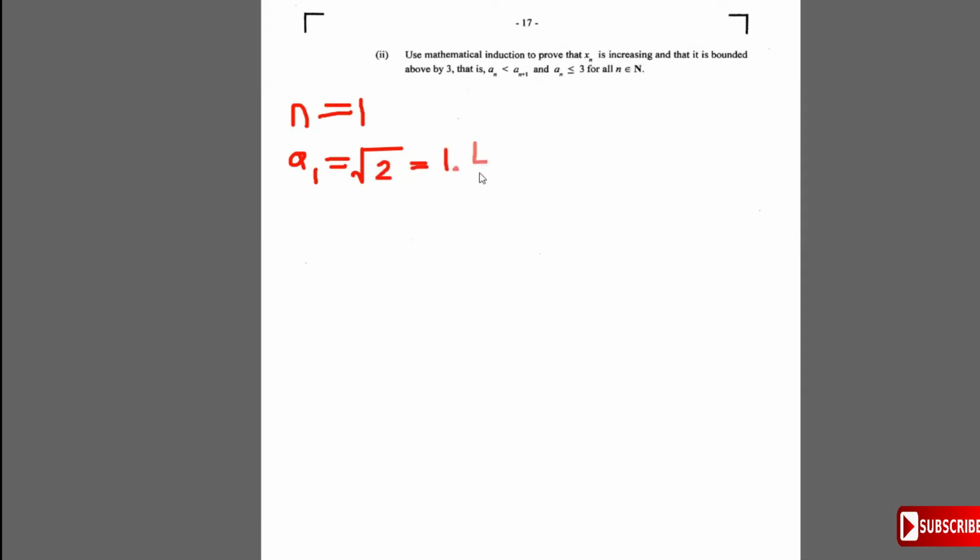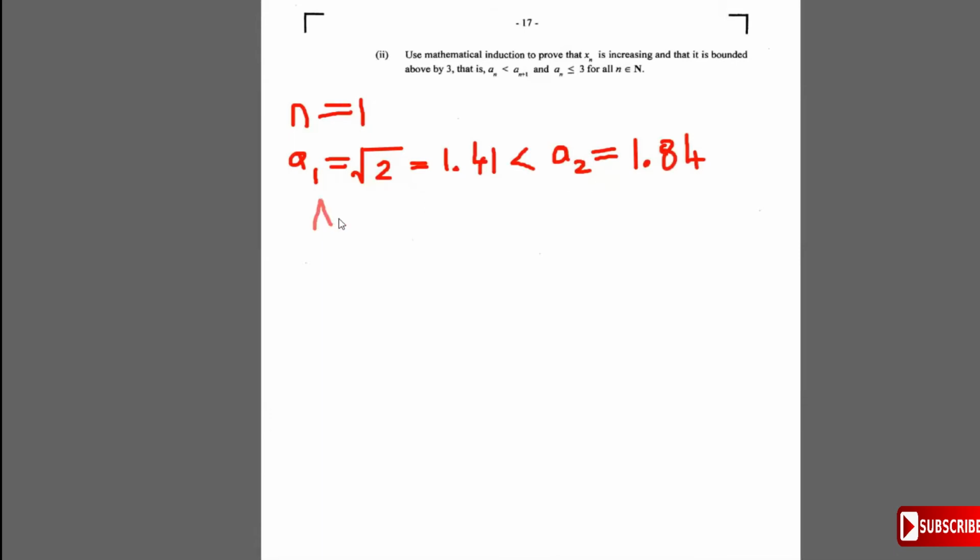That's root 2, which is less than a2, because remember we showed that a2 was 1.84. So a1 is less than a2.